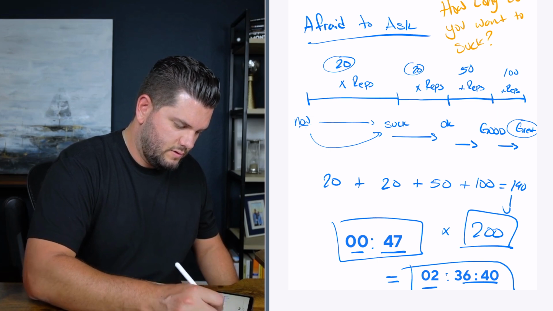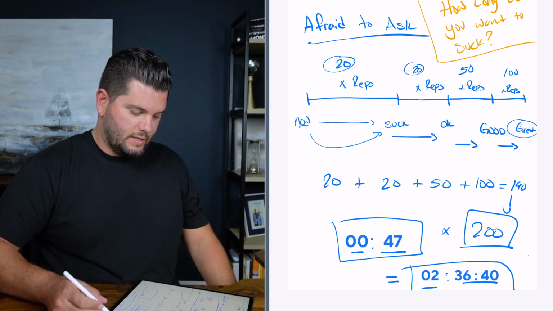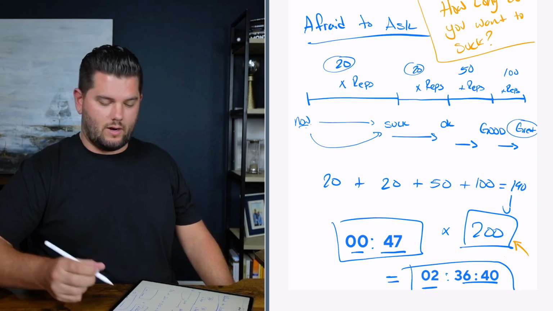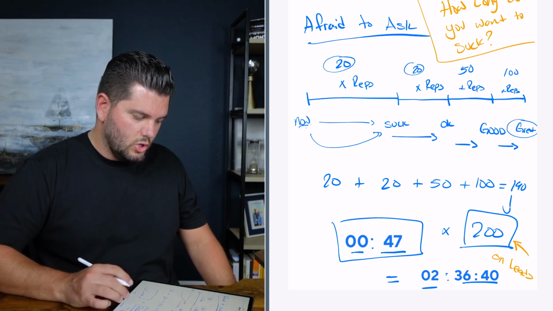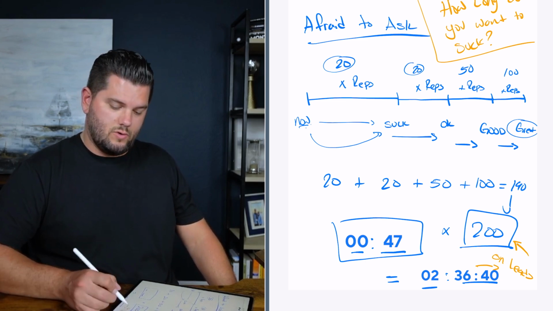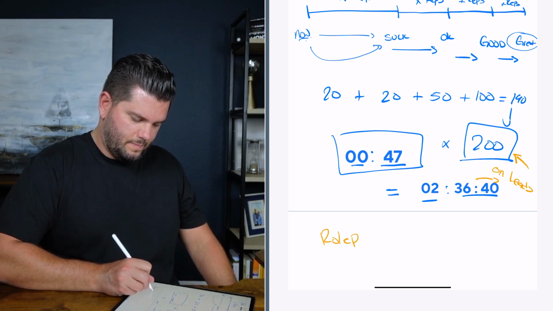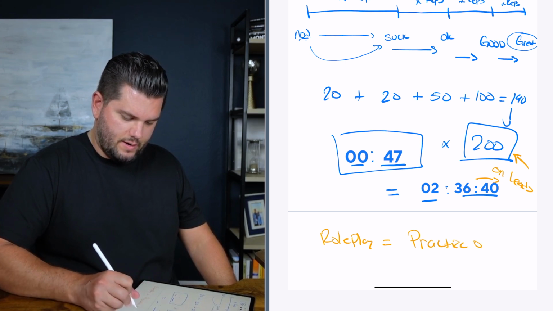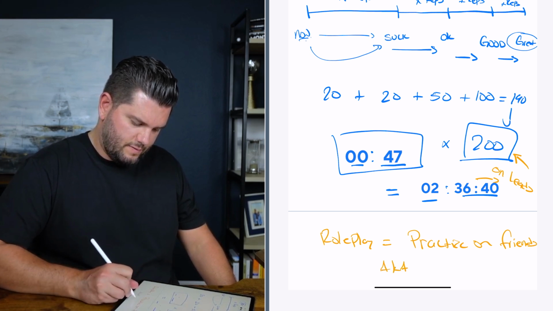It's a hard reality: how long do you want to suck at this? Because I will tell you, some people will not role play this. They will not practice it at all. They will only practice on leads. Do you know how many people you're going to have to talk to in order to pitch this 200 times? Practicing on leads versus role play: role play equals practicing on friends, aka free.